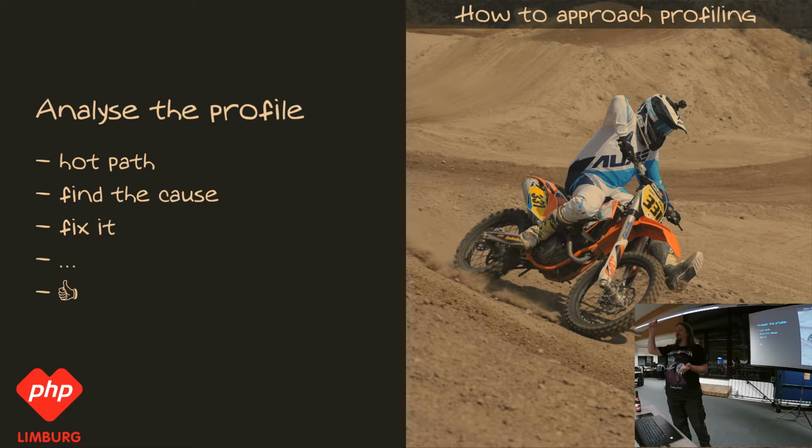So usually you can follow along from the very red to less red to find out what's actually causing the slowdown. There you find the cause, you fix it, and hopefully it's better. If not, you try to find it again with your updated code and see if you can get it to improve.